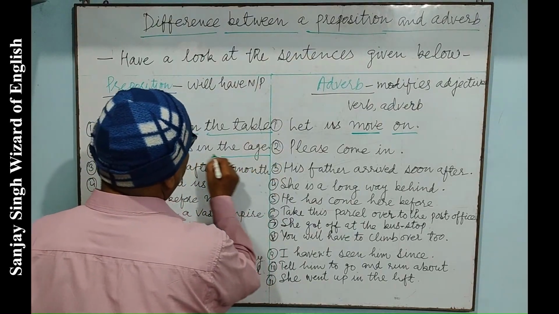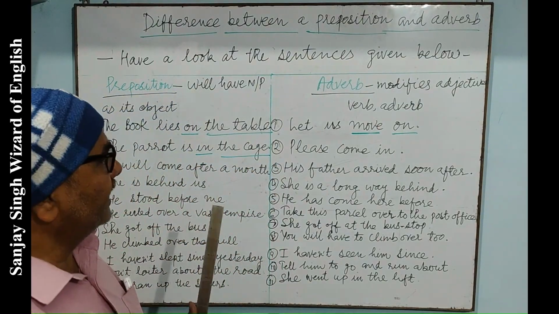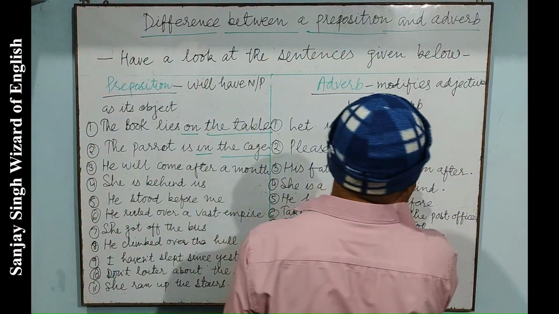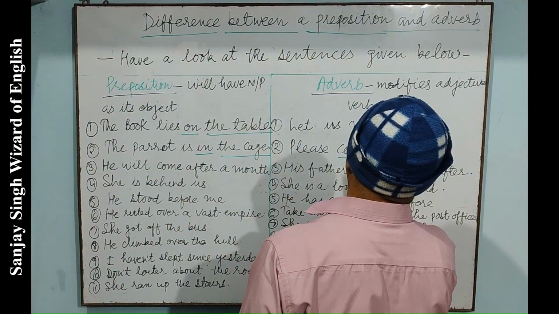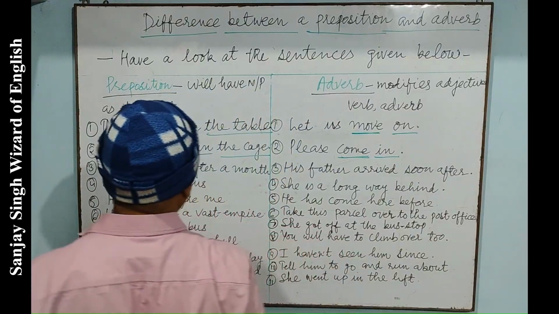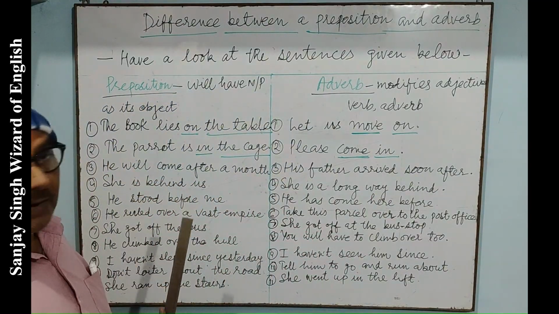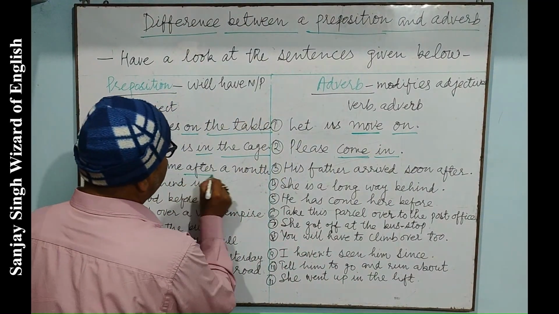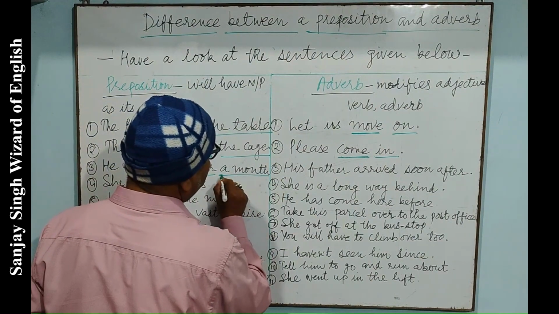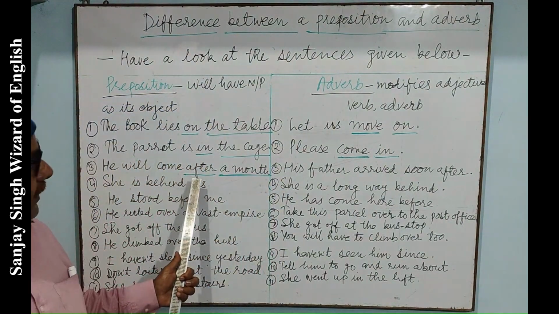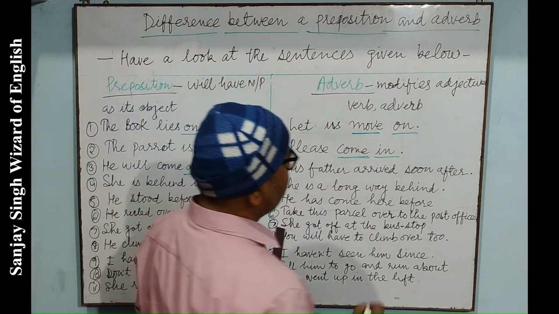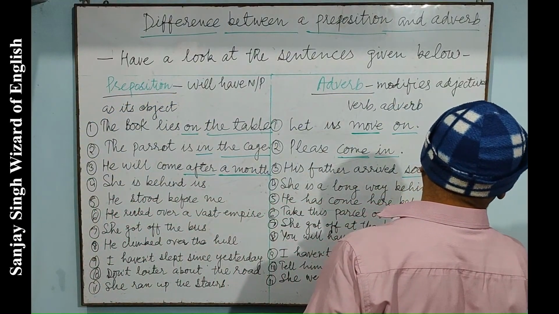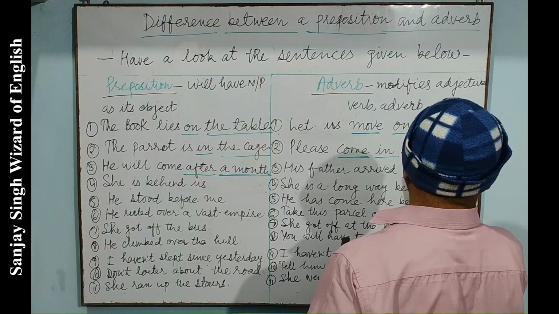Here this is the object of the preposition in. Please come in. Here it is modifying the verb come. He will come after a month. Here it is the object of this preposition after. His father arrived soon after. Here it is qualifying the adverb.